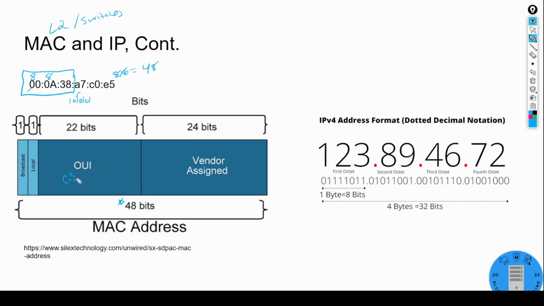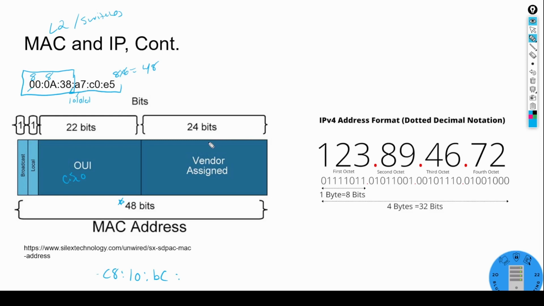So like Cisco will have their own OUI that will always be the same prefix of the MAC address for the same set of hexadecimal notation for your first 24 bits. So if Cisco MAC addresses always started with C8:10:BC, that would denote that this is a Cisco manufactured device, and then the other 24 bits is going to be your vendor assigned kind of unique identifier to your physical device.